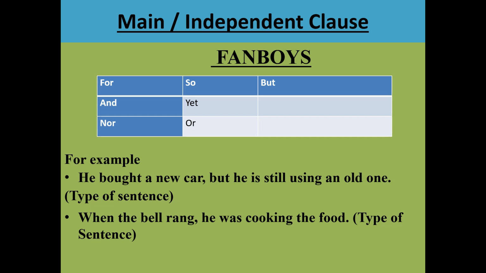Here, with two independent clauses, this means this is a compound sentence. But here, children, this when is not a coordinating conjunction.